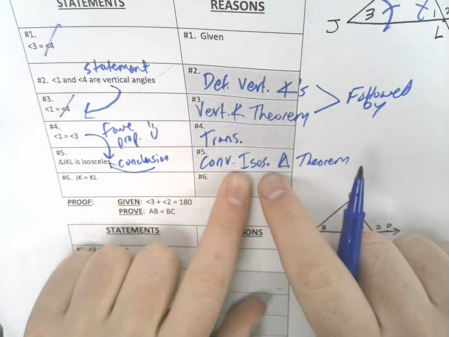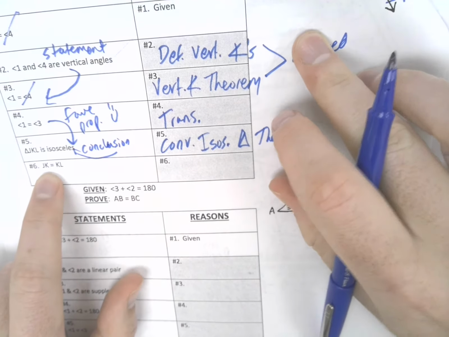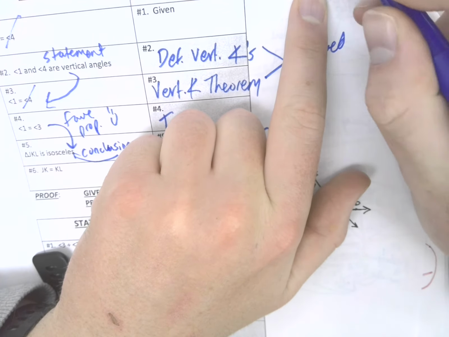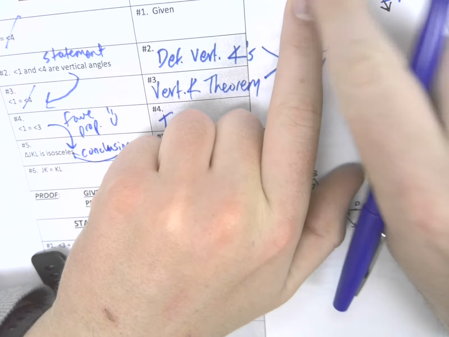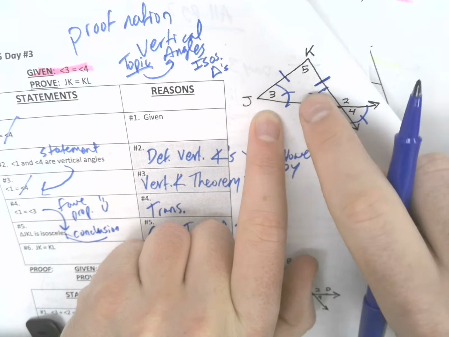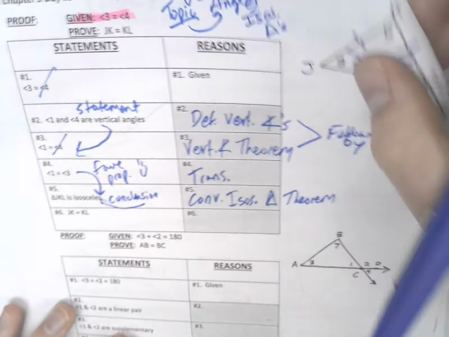And so the converse isosceles triangle theorem, and from here we can say, okay, JK, this side right here, is congruent to KL, this side right here. If these two angles are congruent, this side and this side are congruent.